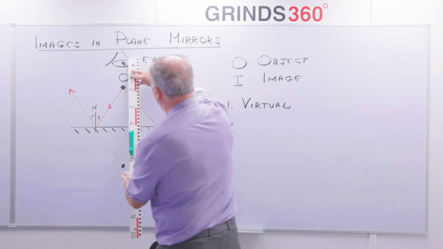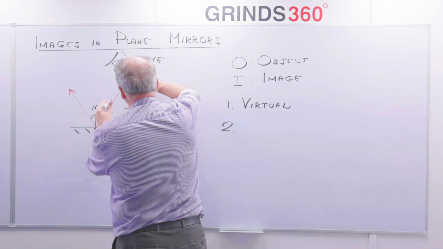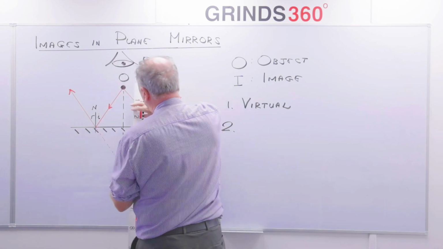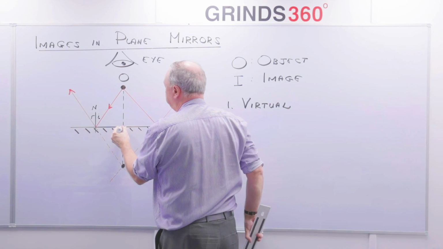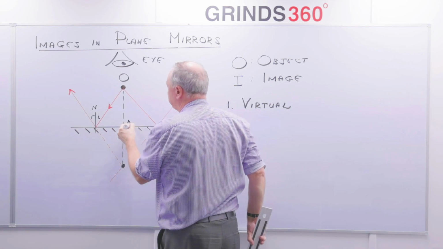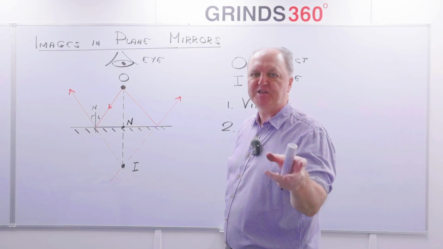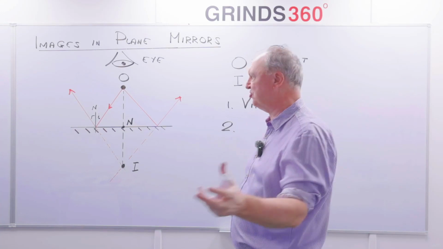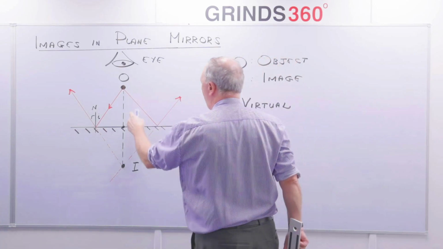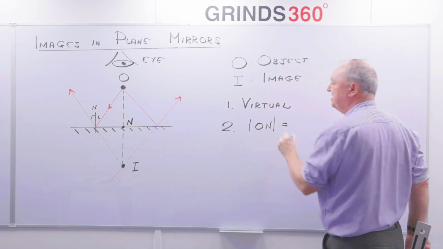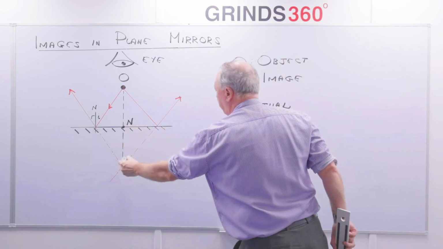If I draw a line from O to I, and of course, this part of the line here represents the normal. You could actually prove this very simply using geometry, that the distance ON is equal to the distance NI.